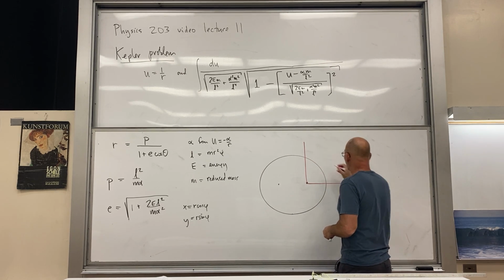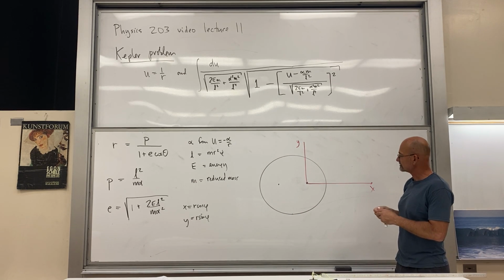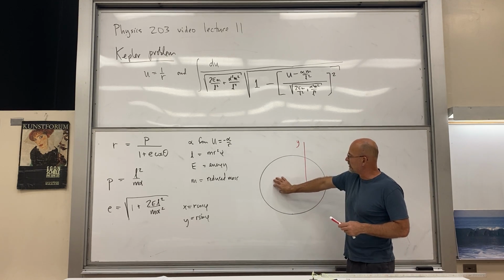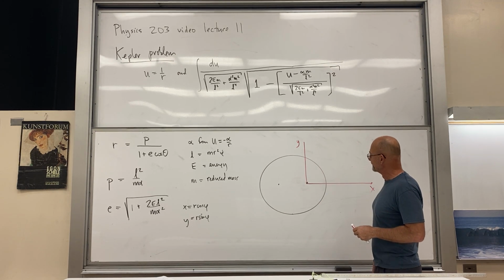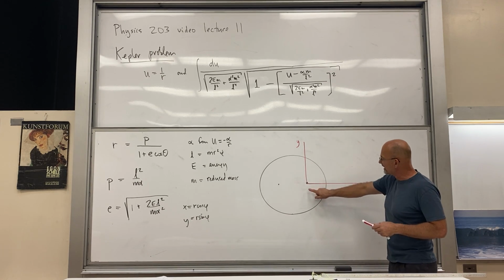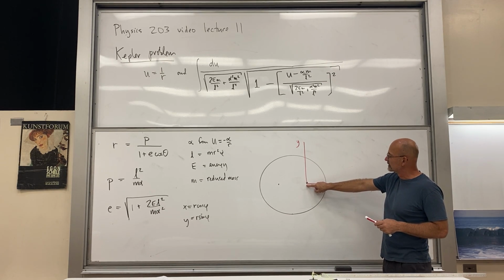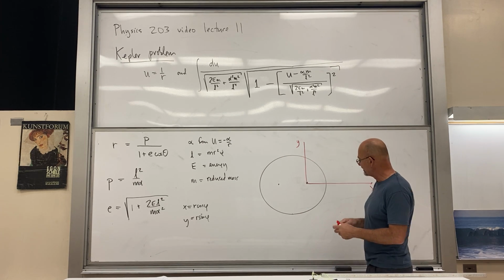We have our x and our y axis like that. So in terms of our polar form, we don't know about or care about this other focus right here, but I'll leave it in there. This was our center of attraction. This was where the sun was and the planets are orbiting there. And now we have these definitions.